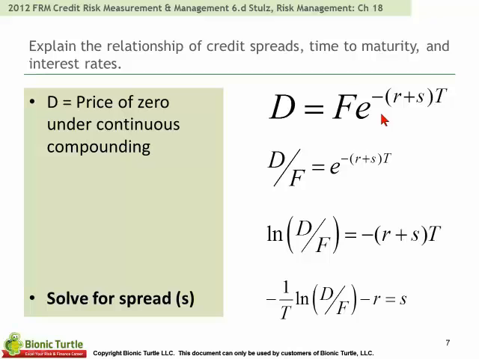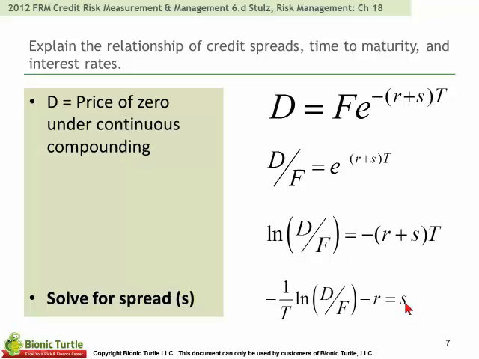And so this is, if we divide both sides by the face value of the debt, and then we isolate here, we have the exponential on the right. We know we can take the natural log of both sides and then solve out for the spread.